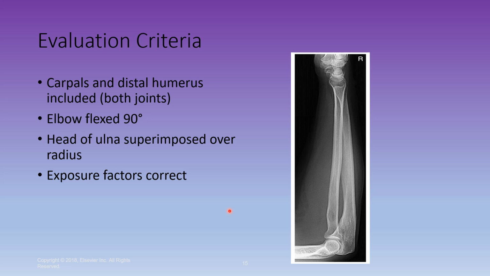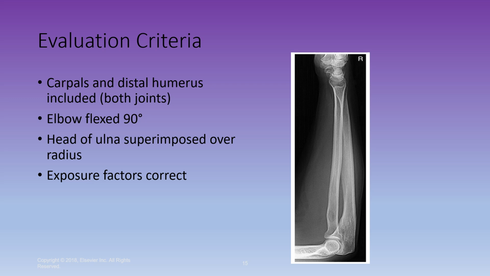Elbow is definitely got to be at a 90-degree angle. If the patient was not able to achieve that, then you would likely have to do a cross-table lateral. So if the patient is ambulatory and can cooperate, those are the only two views that you would do, an AP and a lateral forearm.